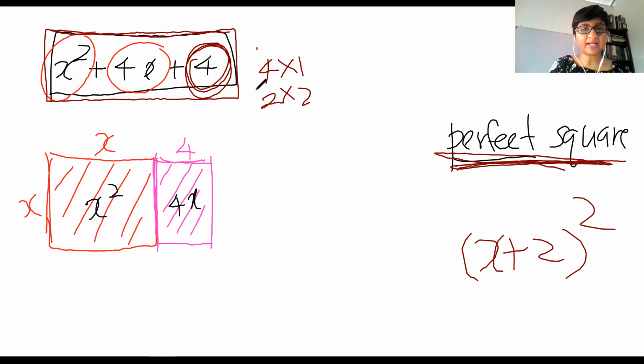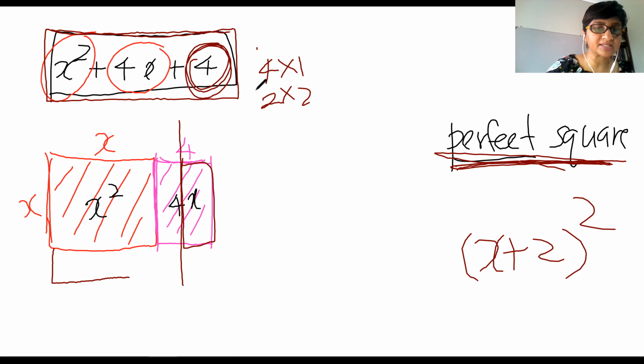Now this 4x, I'm going to split right in half. You will see why I do that. I'm going to cut this right in half, okay? And I'm going to bring this part down here. Can I do that like this? It will perfectly fit here now, because this length is x. And then I'm going to redraw it.